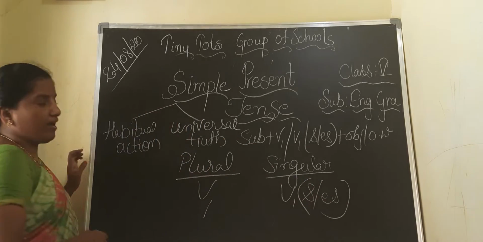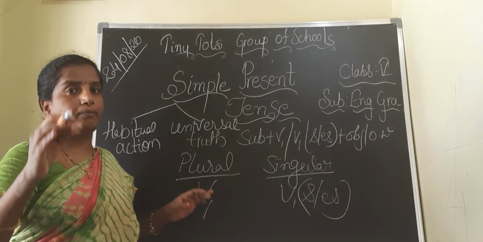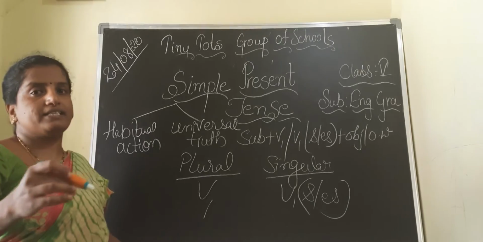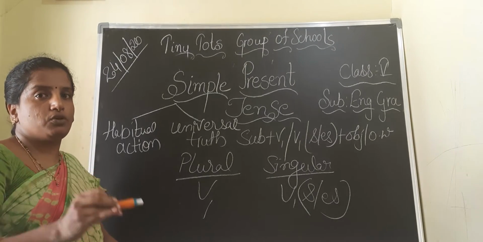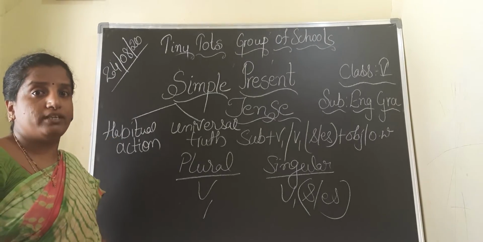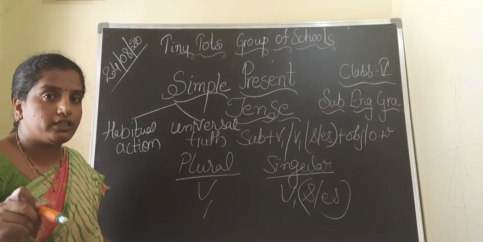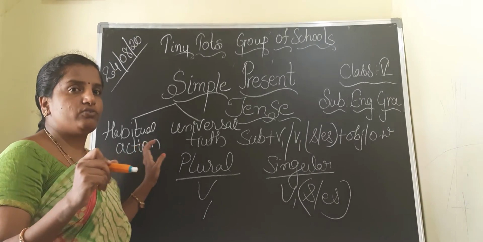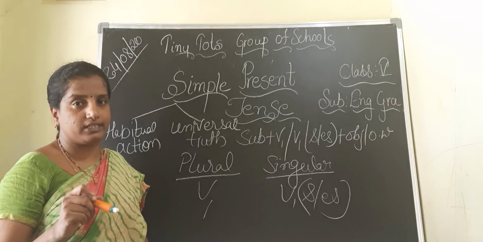Okay, this we have learned. What is the simple present tense? It is a tense used at the time of speaking to denote habitual actions as well as universal truths.